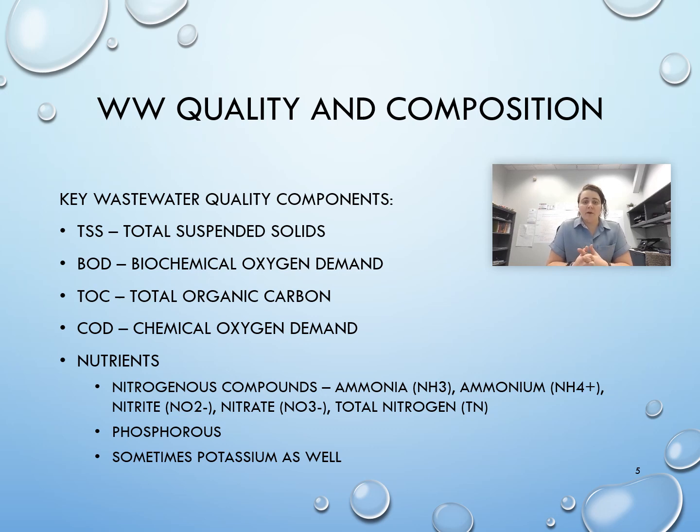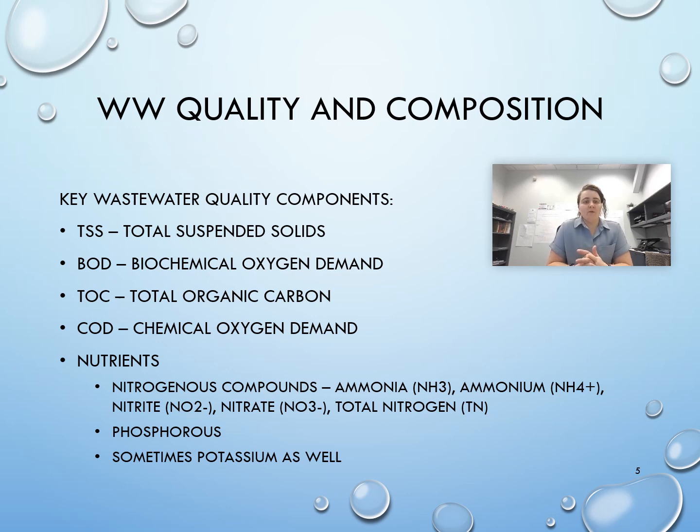We talk about what we call nitrogenous compounds, so things like ammonia, ammonium, nitrate, nitrite, and total nitrogen. We also talk about phosphorus compounds, and sometimes we'll talk about potassium as well, but that one's a little bit more rare.